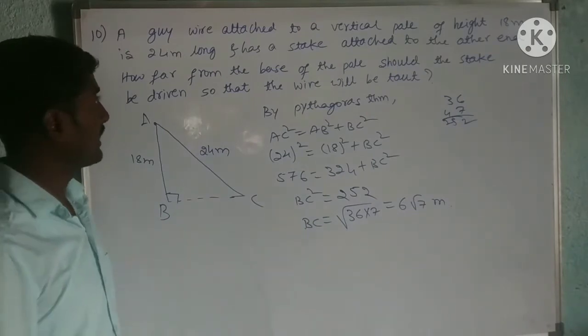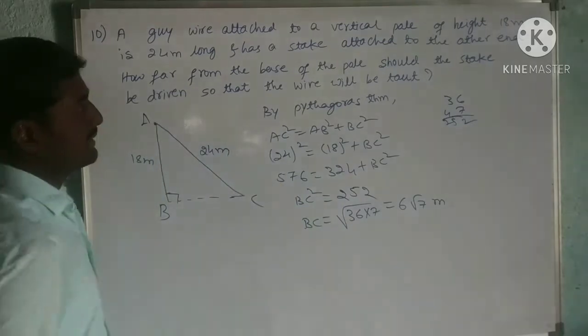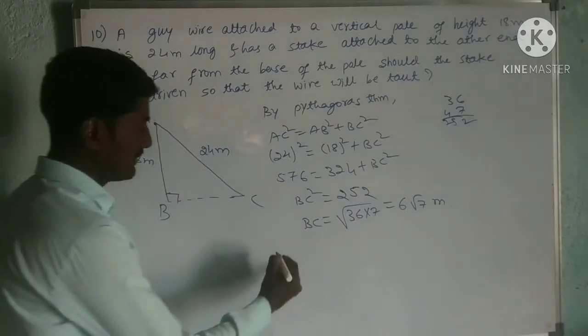Now conclusion, what I can write? The stake should be driven at a distance from the base of the pole so that the wire will be taut.